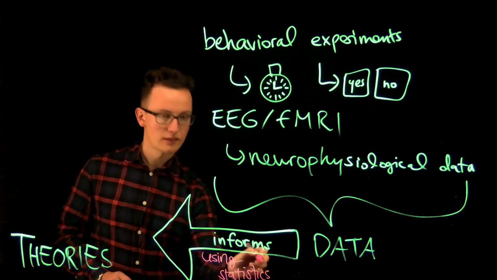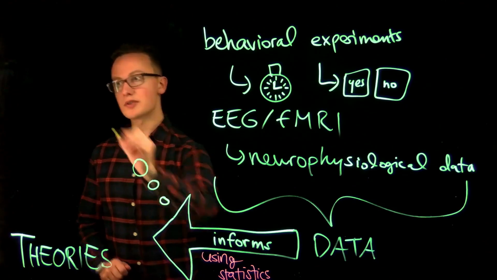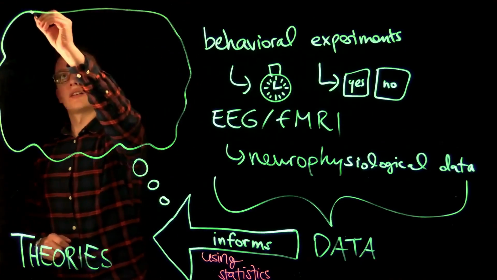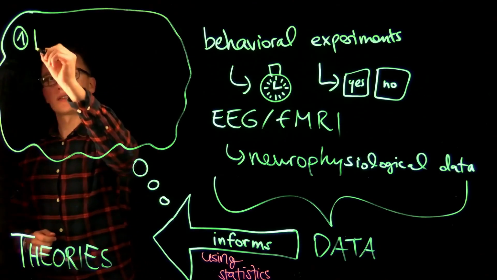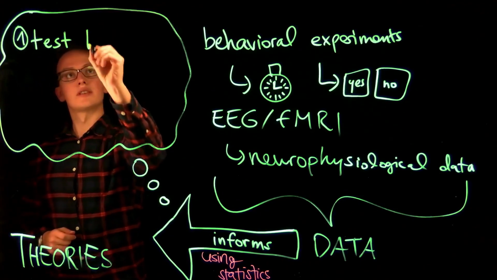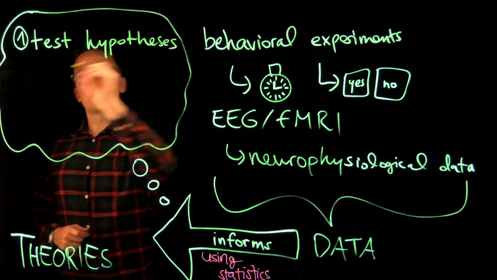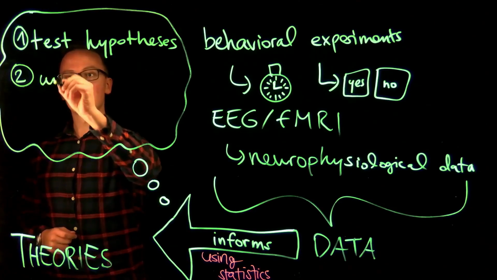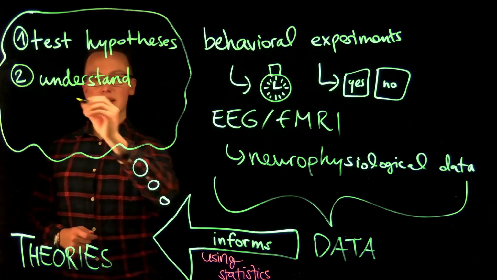And there are actually two ways in which statistics can be used in order to make sense of our data. First, we can use statistics in order to test hypotheses. And we can also use statistics in order to better understand the generative process that is behind our data.